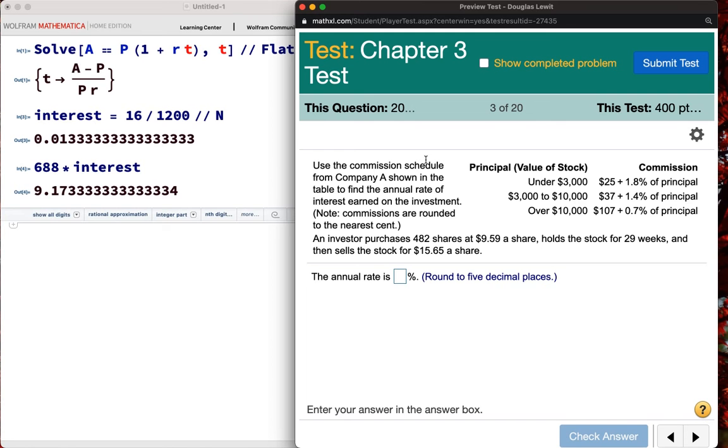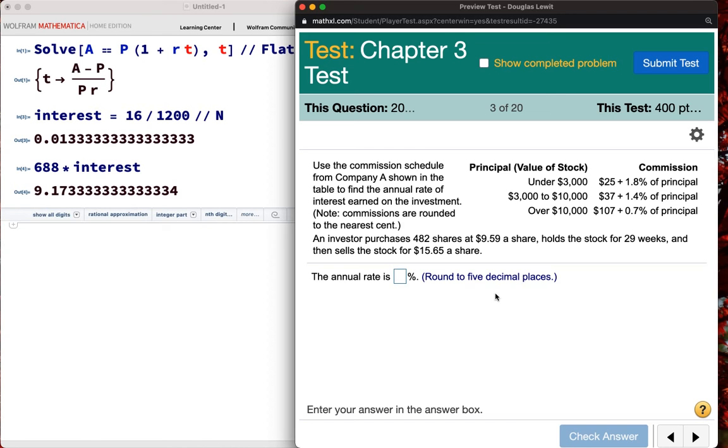Use the commission schedule from Company A shown in the table to find the annual rate of interest earned on the investment. Note, commissions are rounded to the nearest cent. You know, guys, I'm going to skip this problem because I remember I spent a lot of time on this problem in a recent video that I made, so we're just going to skip it.